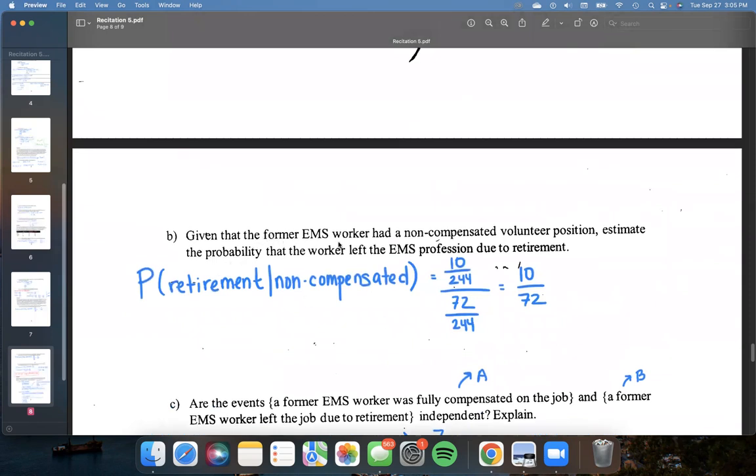Given that the former EMS worker had a non-compensated volunteer position, estimate the probability that the worker left the EMS profession due to retirement. So here we're going to have another conditional probability because we have that keyword, given. So we're going to find the probability of retirement, because they left EMS due to retirement, given non-compensated.